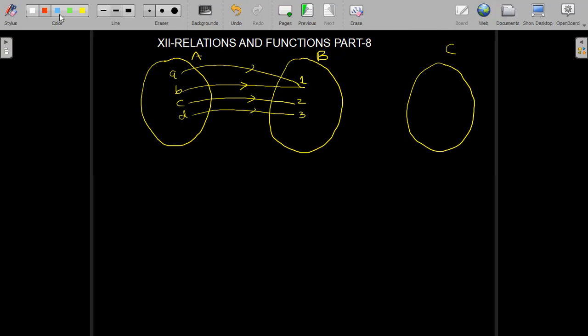So the range of A is what? 1, 2, 3. This is the range of A.